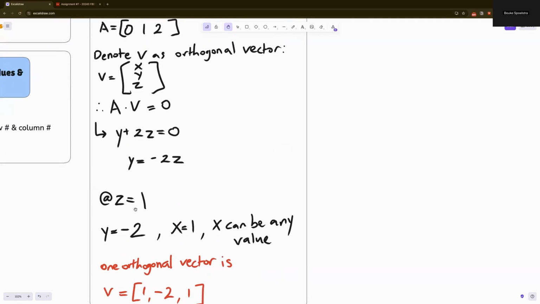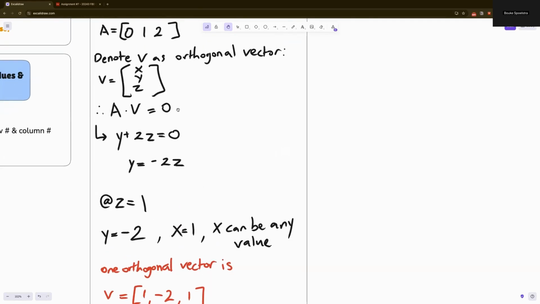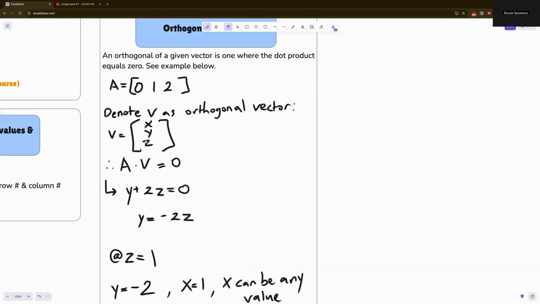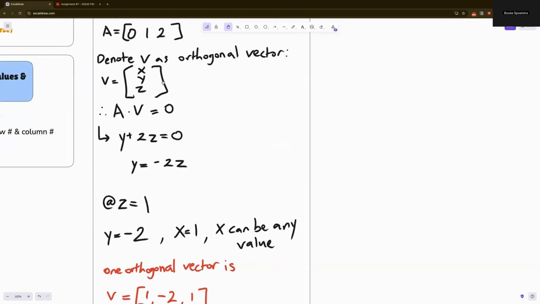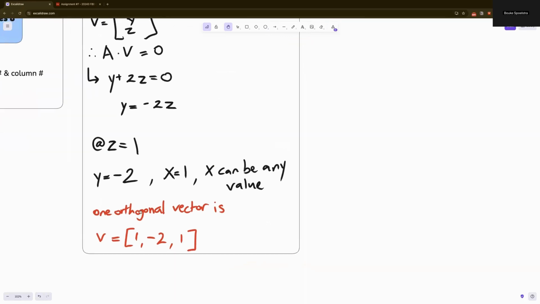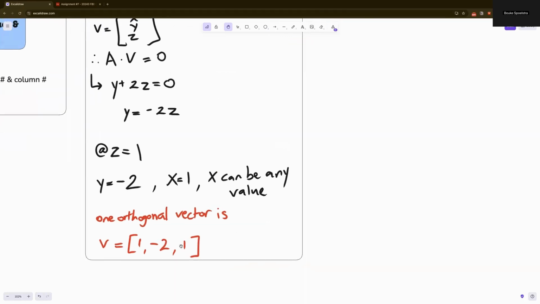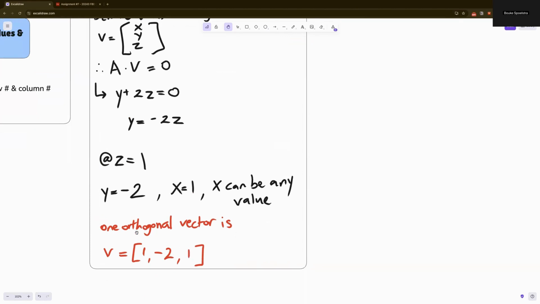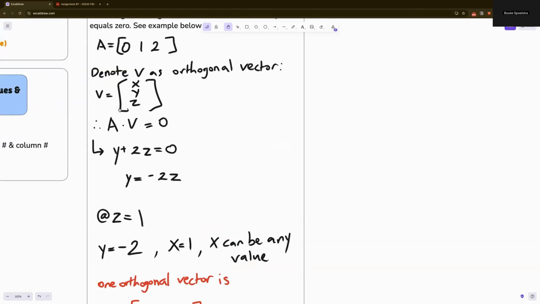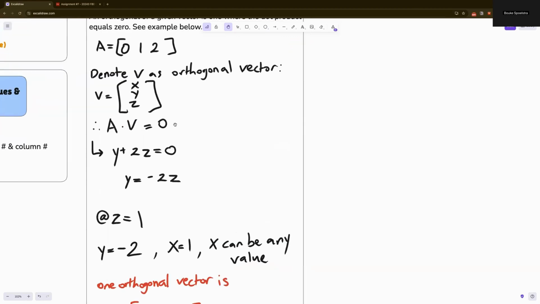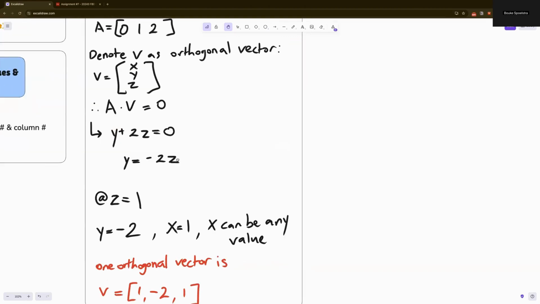And x is a value that is essentially independent of this. It can be any value for it to be orthogonal, right? Changing x doesn't make this not an orthogonal vector. So we can just say it's 1 or 2. So the final vector is 1, negative 2, and 1, and this last value, this x, can be really any value. It would still be orthogonal. It would still be a product that would get 0.